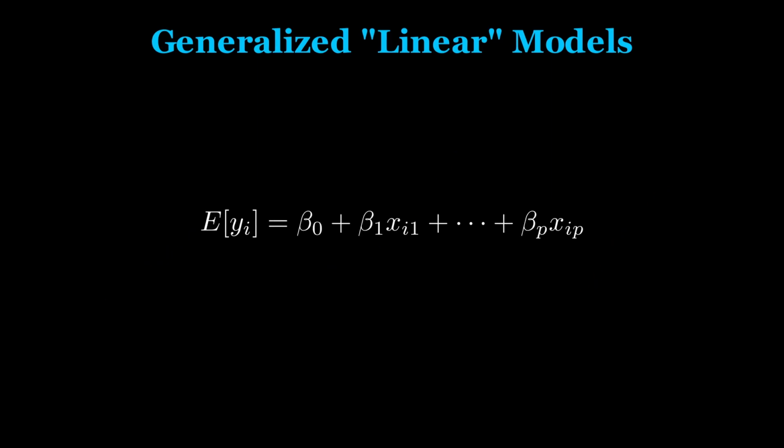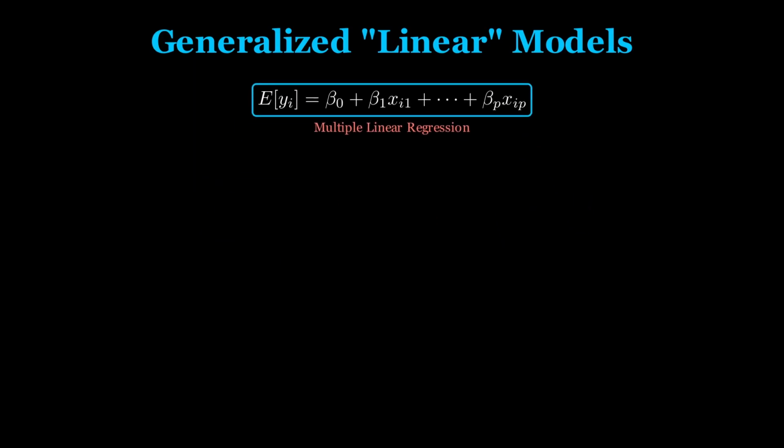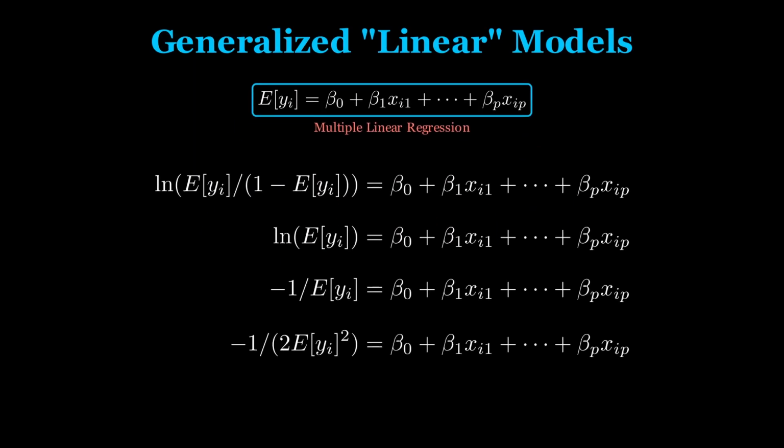Recall from multiple linear regression that the relationship between p predictor variables and the mean response variable y for observation i is given by the formula on the screen. GLMs take a very similar form. They also model the linear relationship between a set of predictor variables and the mean of the response variable.